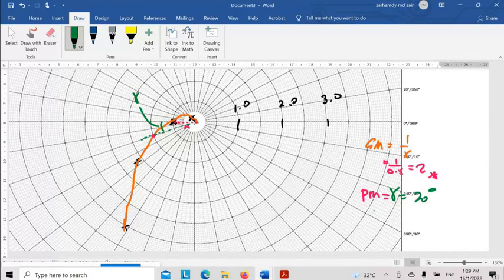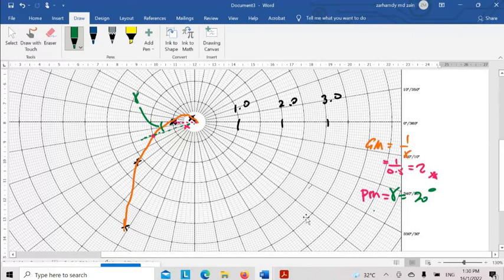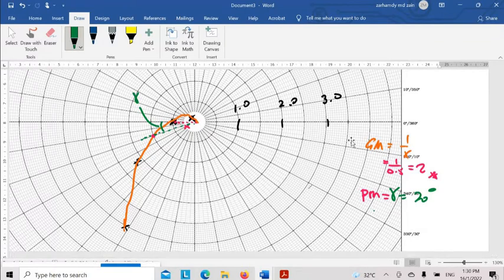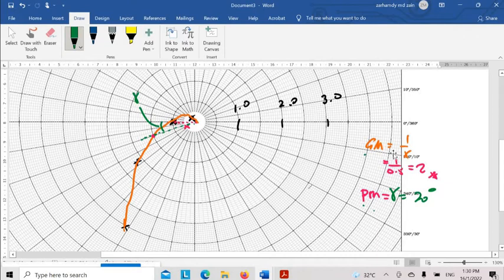Any questions, class? Okay, all good. So now this is one method, based on the graphical approach. If they ask us to find the gain margin and phase margin using the mathematical method, I will teach you how.